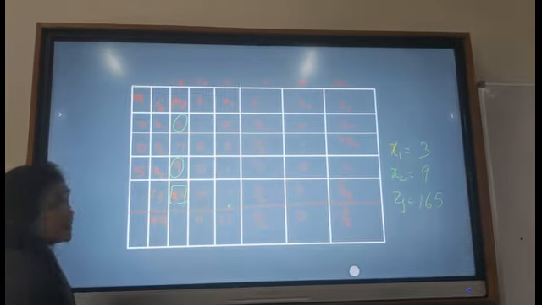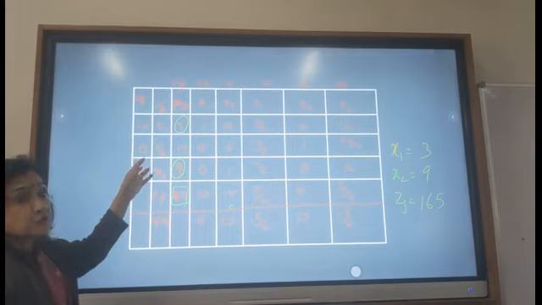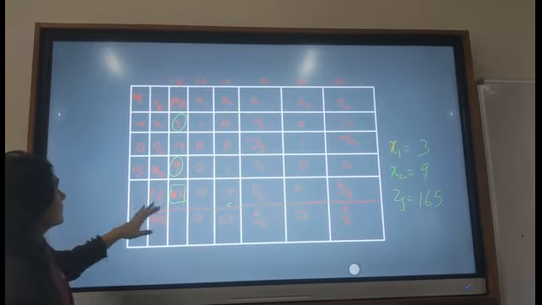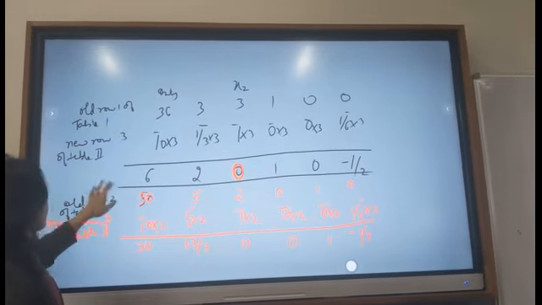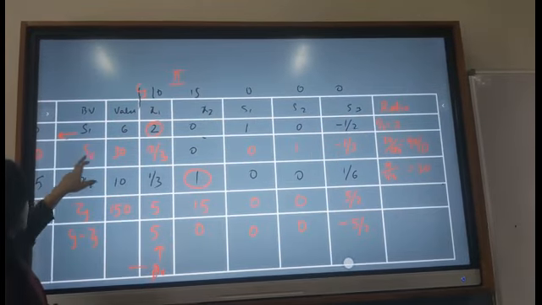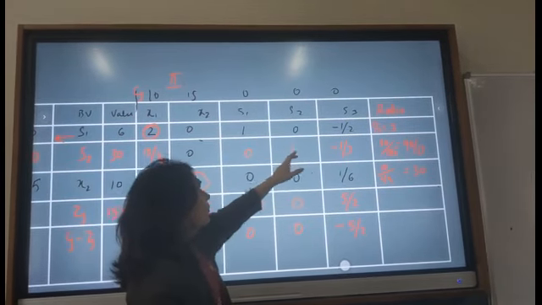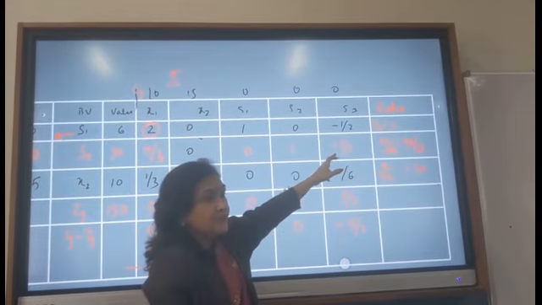Write down the old row S2: 13 by 3, 0, 0, 1, minus 1 by 3.